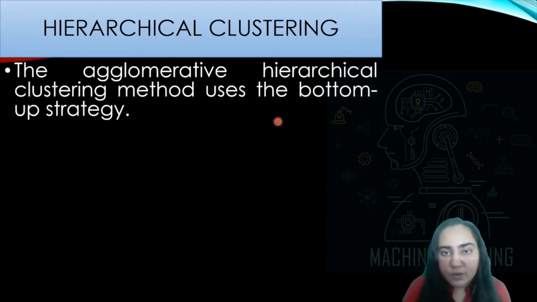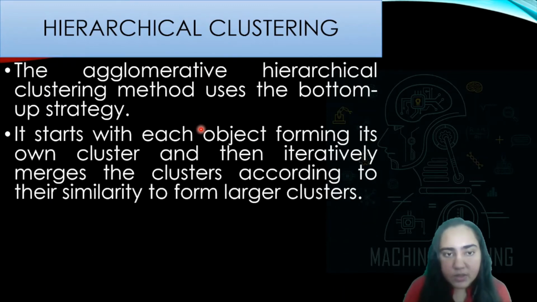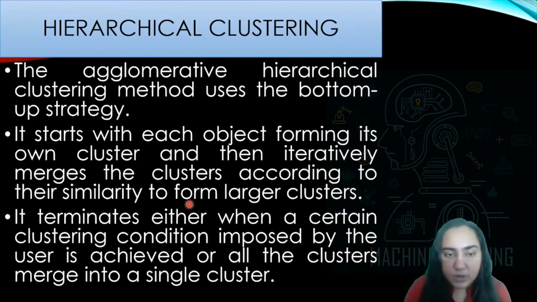The agglomerative method uses the bottom-up strategy, like we saw. It starts with each object forming its own cluster. Then it iteratively merges these clusters according to their similarities and keeps on forming larger clusters. And it will stop when you reach a certain condition, like maybe you have reached the certain number of clusters that you wanted to create.